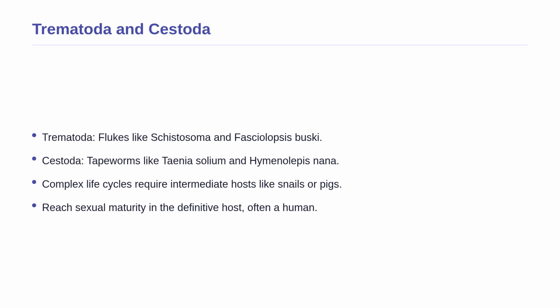These parasites do not just jump from person to person. They have incredibly complex life cycles. They typically require one or more intermediate hosts, such as snails or pigs, to develop. Only after this journey do they reach sexual maturity in their definitive host, which is very often a human being.